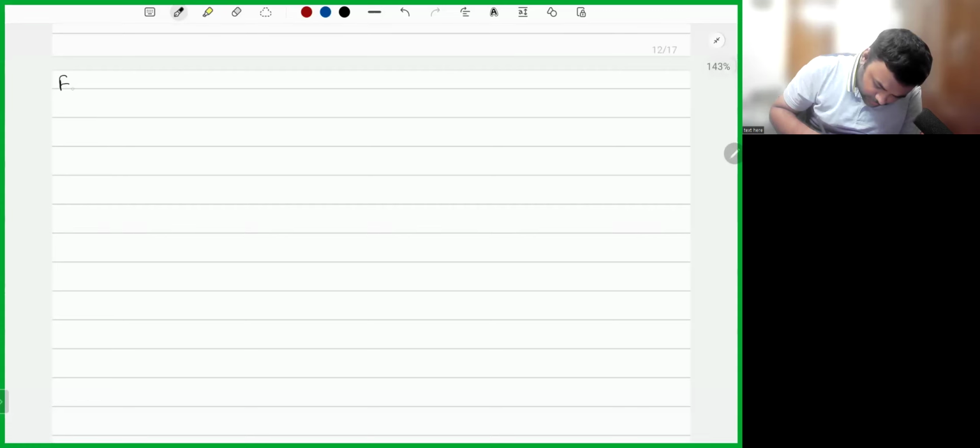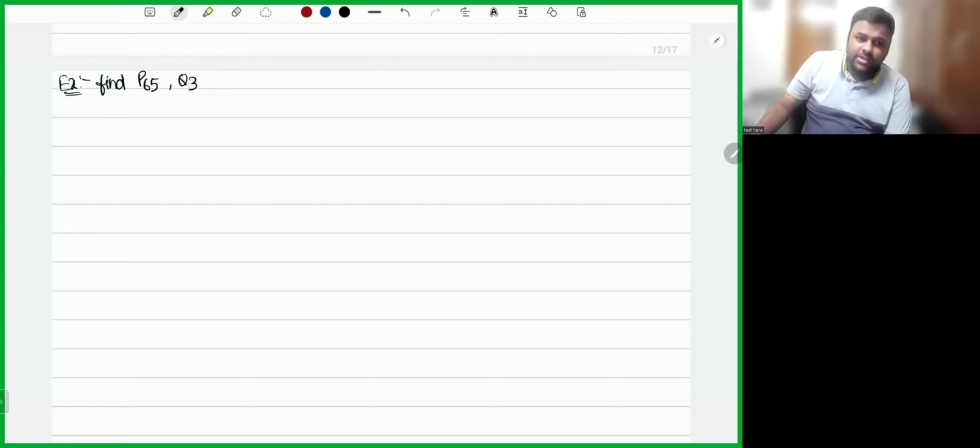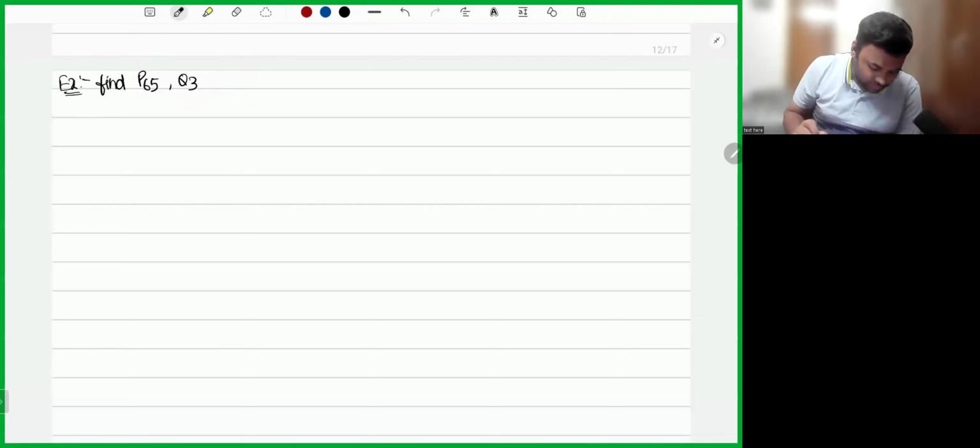Example. Find quartile 2, percentile 65 and quartile 3. Find percentile 65 and quartile 3. Let us do.